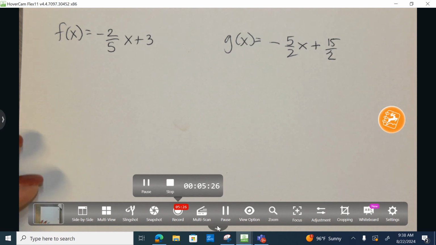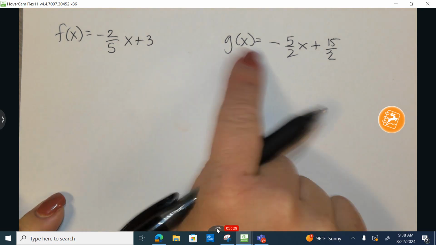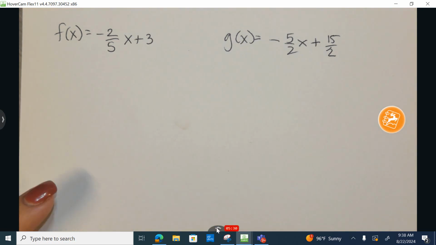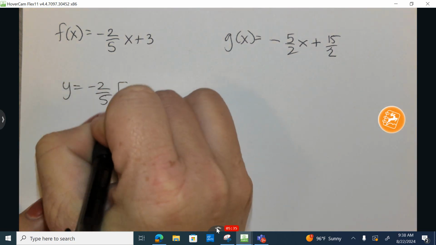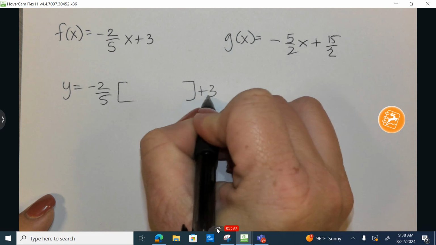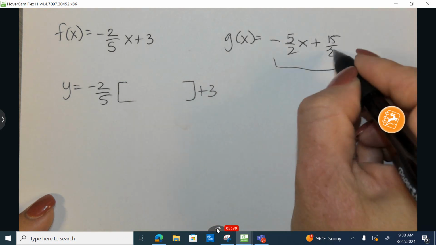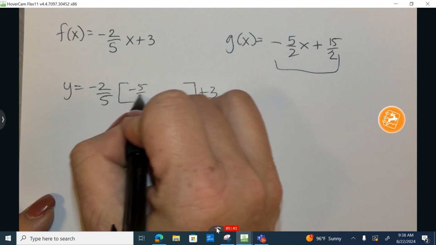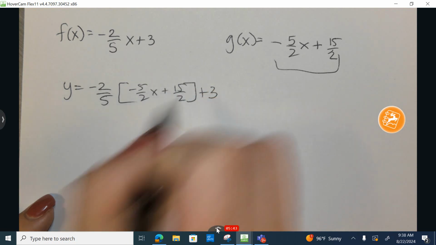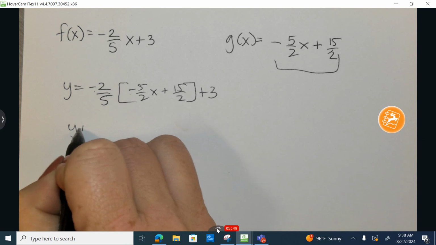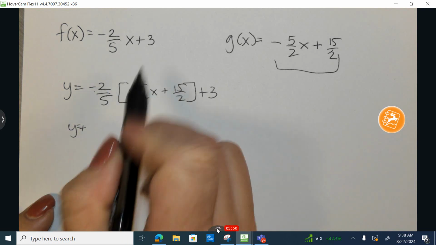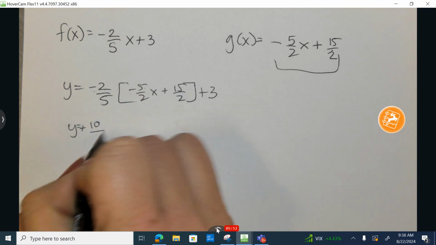Let's try the same thing again with two different problems. Let's prove these two are inverses of one another using composition of functions. Write down the first equation, leave a big space where you see an x. This is going to be put into this position. Okay, let's do the work. A negative times a negative is a positive. 2 times 5, 5 times 2.